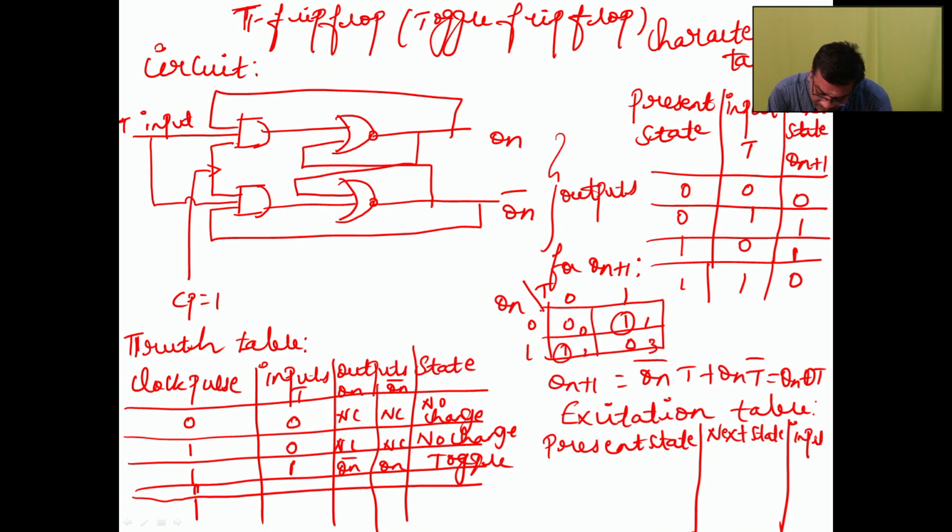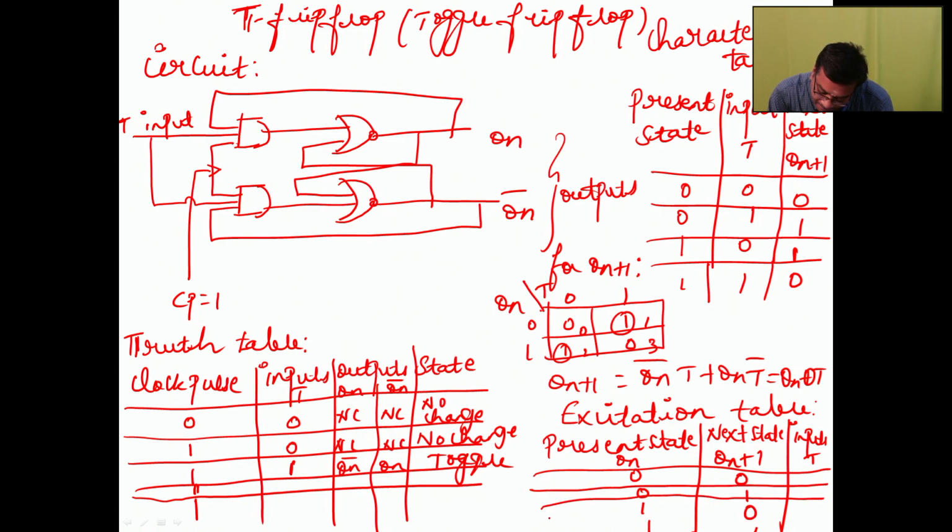The present state Qn, next state Qn plus 1, input T. So 0 0 0 1 1 0 1 1. So this is the final thing. So 0 0 we will get 0, 0 1 we will get 1, 1 0 we will get 1, 0.